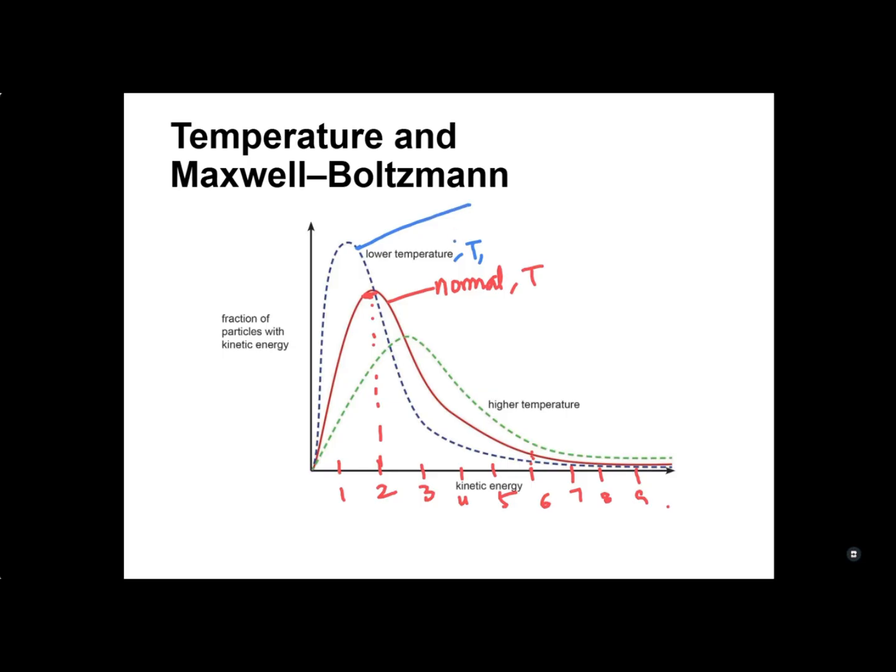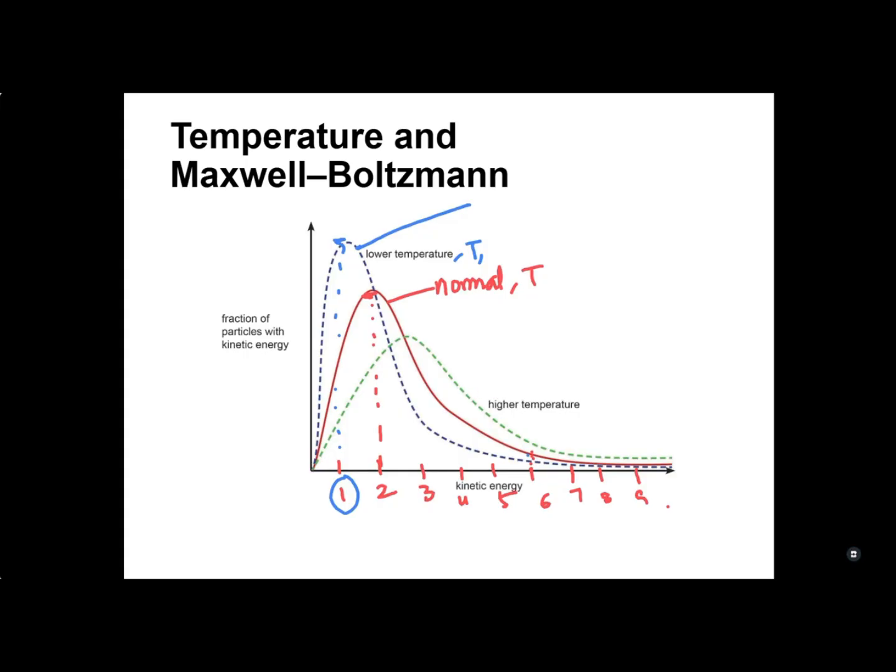Now look, when the temperature is lowered, the kinetic energy of the particles decreases. Because of which, at a lower number we now have a higher amount of particles. Are you getting that? Earlier, compared to the red one, at a lower speed there were fewer particles, but now since it's colder, the quantity of particles that have lesser kinetic energy has increased.